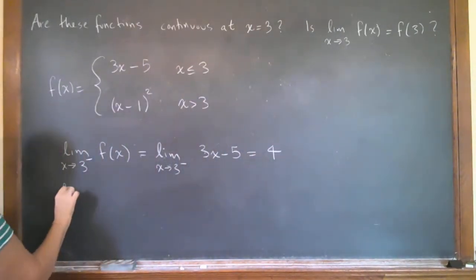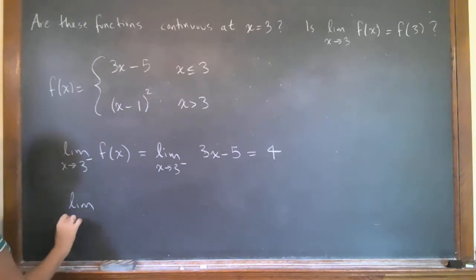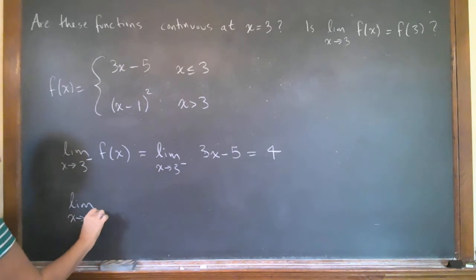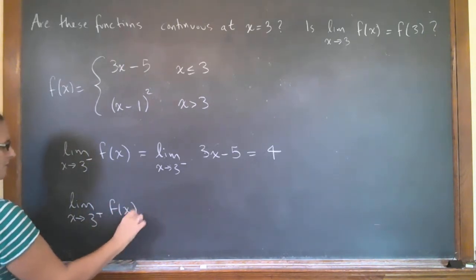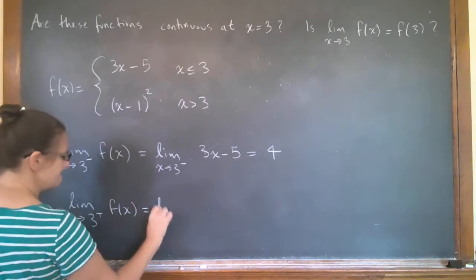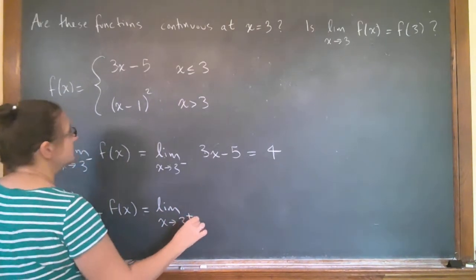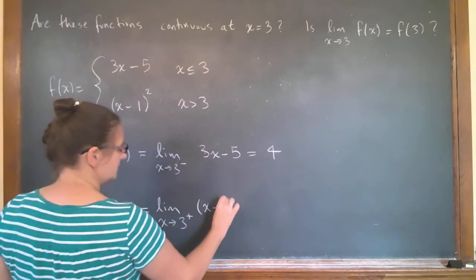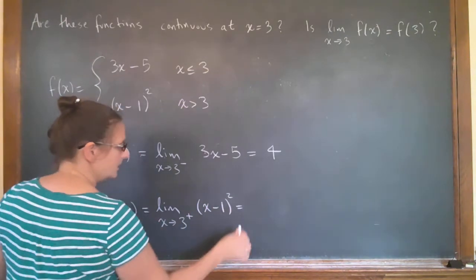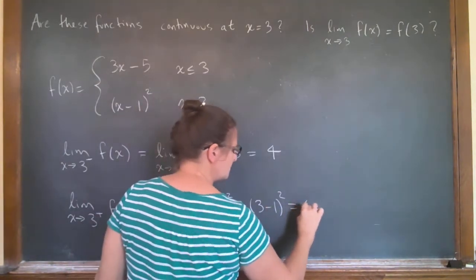Now I'm going to put it down here a little bit so we have a little space. I go from the right-hand side. From the right-hand side, it's the other formula for numbers greater than 3, which is x minus 1 quantity squared. So that gives me 3 minus 1 squared. So 2 squared is also 4.